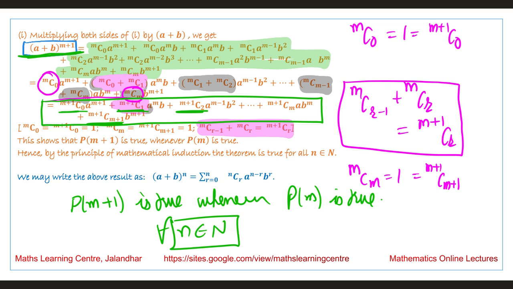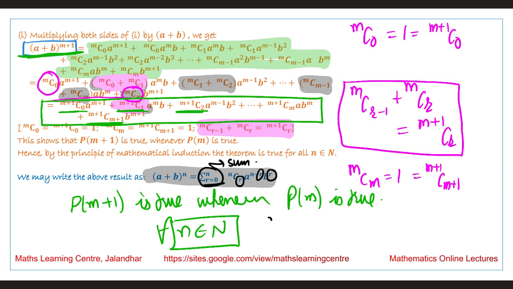So over here we have written the binomial theorem in the compact form. (a+b) raised to the power n is equal to the sum, which is the notation for summation, taken from r equal to 0 to n. The value of r will vary over here.